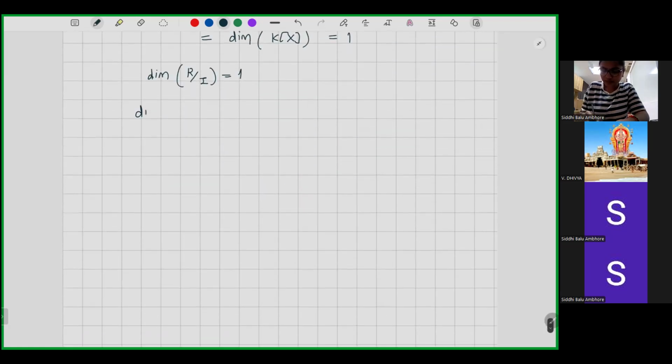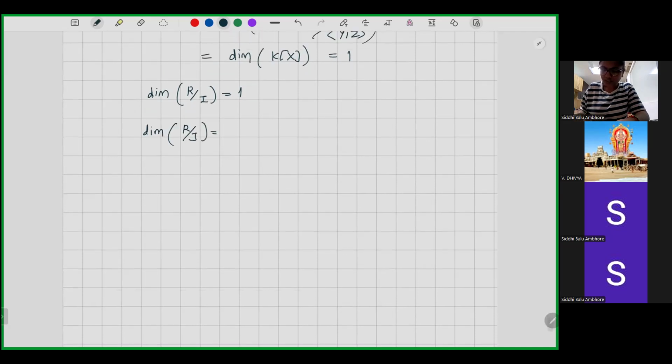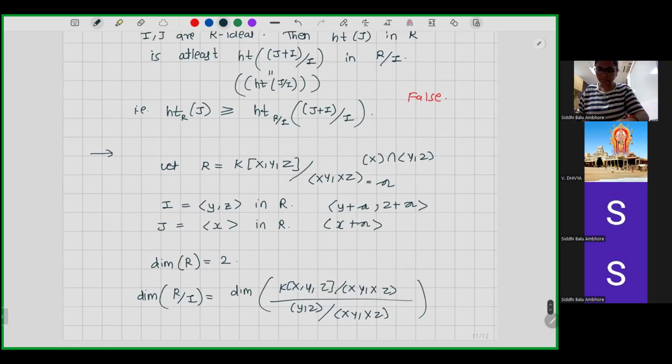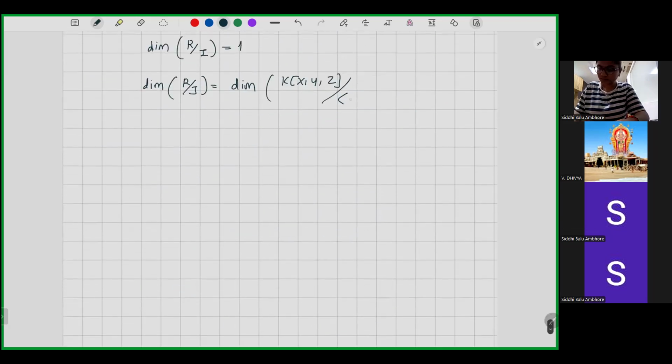Now similarly, the dimension of R mod J is similar to this. I'm just writing it here quickly. K[X,Y,Z] quotiented by J, which was my X, so it is (X, XZ, YZ). So this is the dimension of K[Y,Z] modulo (YZ).